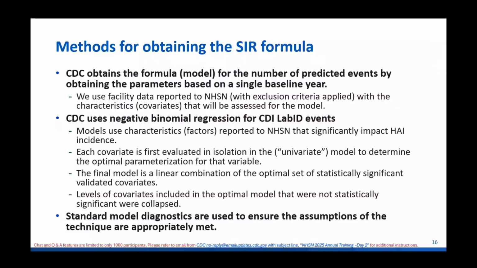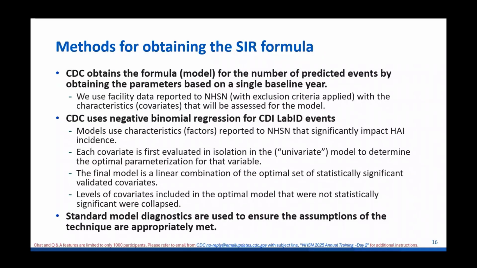Now, to start this modeling process, and believe me, it's a process we went through, we first evaluate all of these characteristics in isolation. We call this the univariate procedure to start. What we do here is determine each variable's optimal parameterization for that specific characteristic. After we do that for each individual variable, then we start the modeling process, which is just a linear combination of this final optimal set of characteristics.